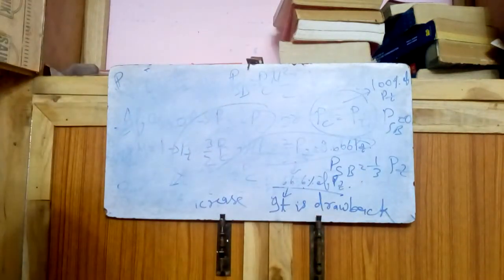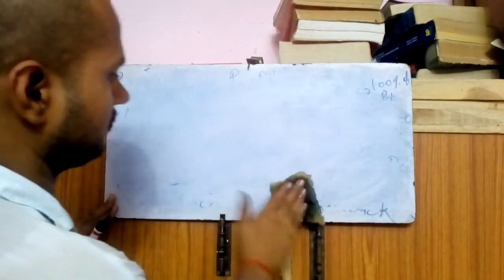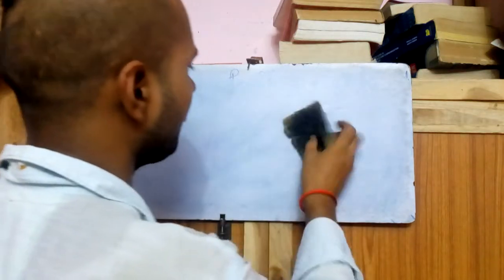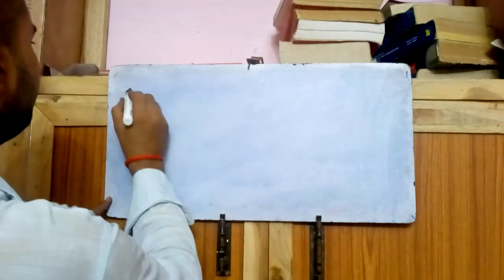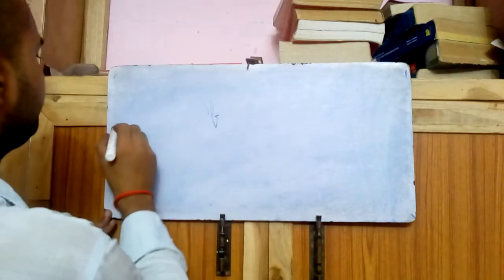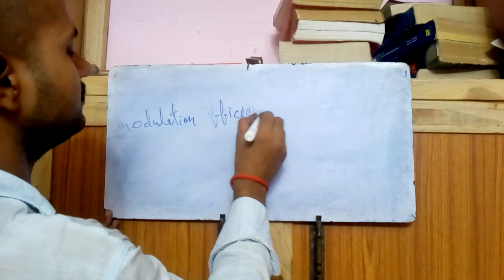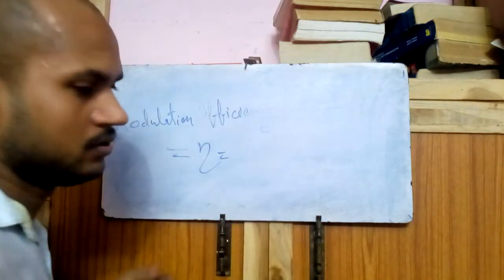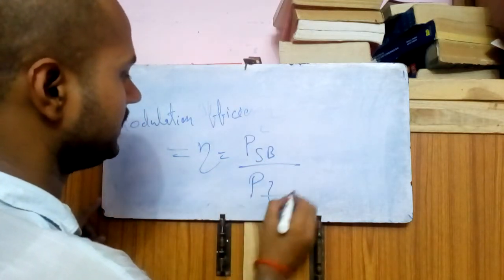Next, efficiency, or modulation efficiency. Eta is equal to the share of sideband power in total power, Psb upon Pt.